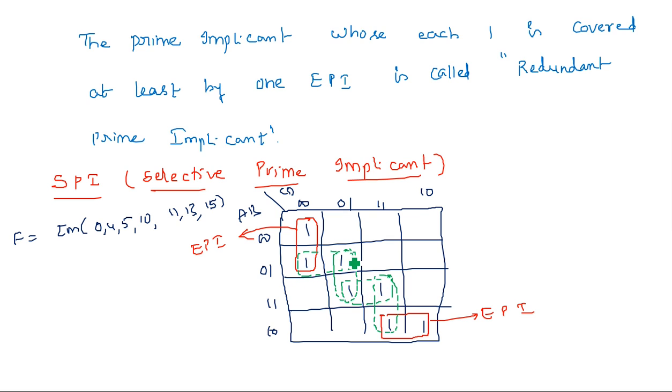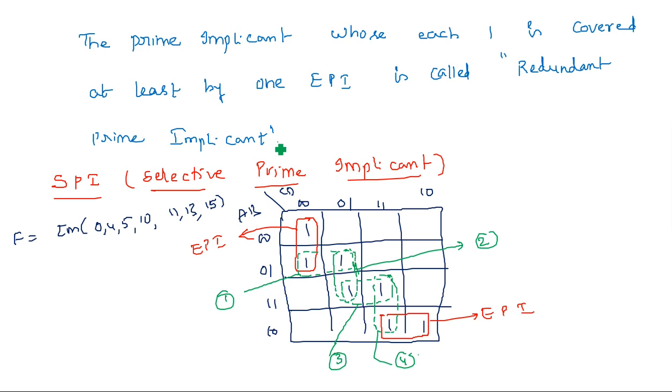Okay, for our convenience to understand, take this vertical one as first, take this as second, take this as third, and take this as fourth. Okay, what do you mean by the first combination? First combination is 4 comma 5, isn't it? See, this is 4 and this is 5.